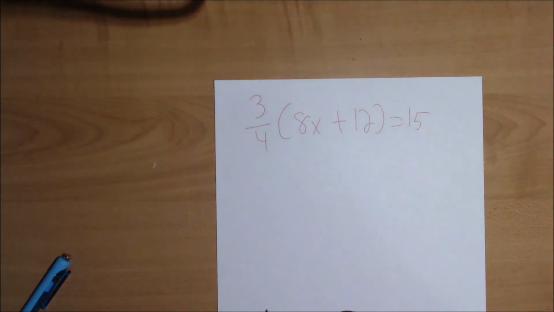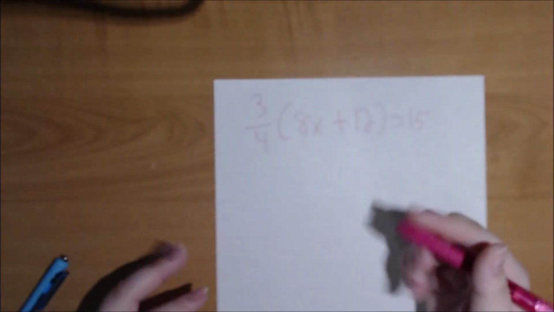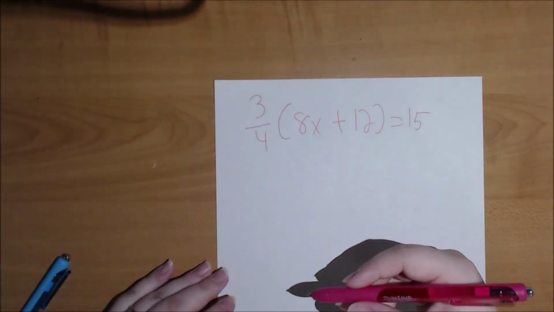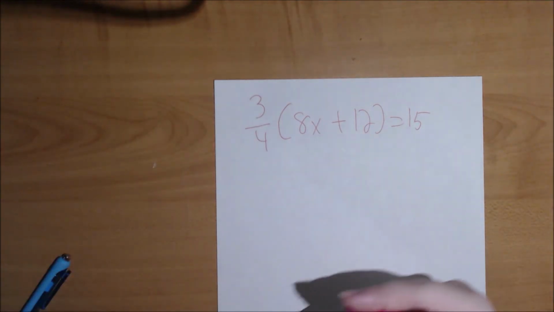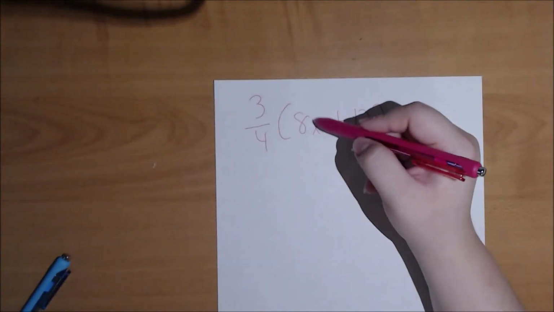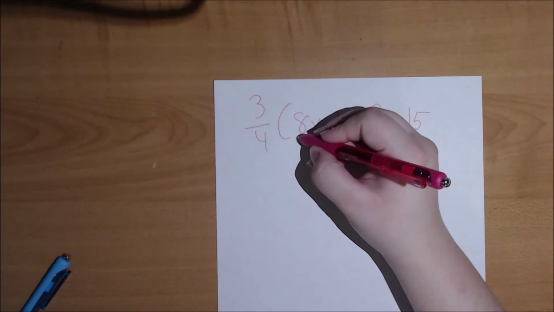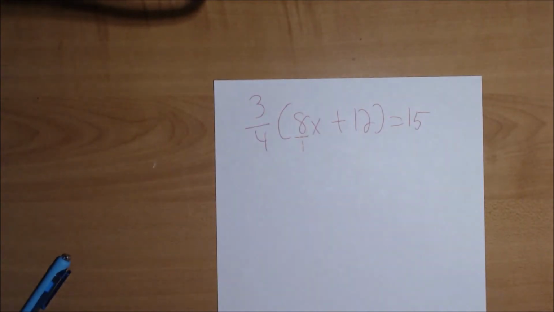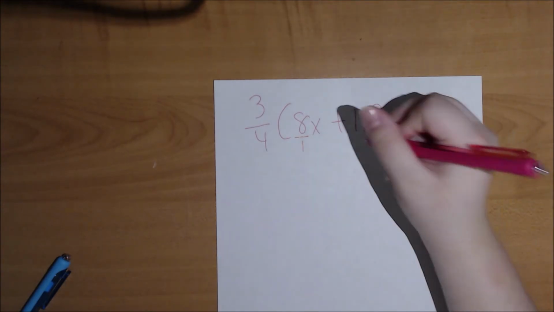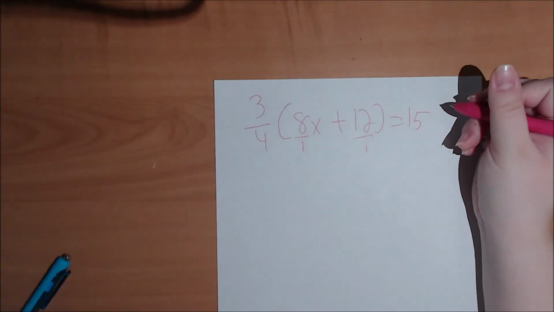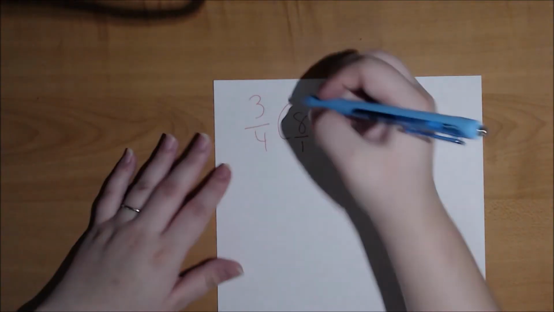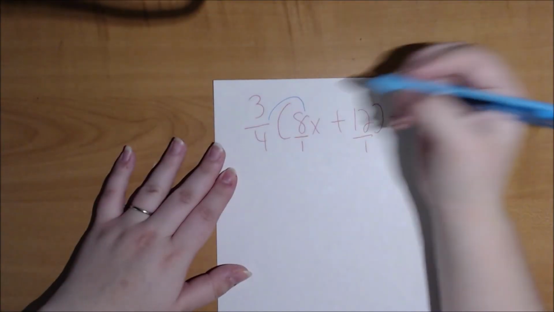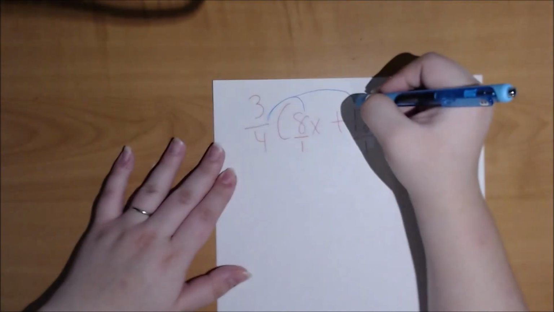So whenever we multiply by a fraction, right, we're always multiplying the numerators and the denominators together. But in this case, 8 is a whole number. So remember, if 8 is a whole number, we always have the imaginary denominator of 1. And the same goes for 12, right? So when I'm doing this, I have to, of course, distribute 3/4 to both the 8x and to the 12.